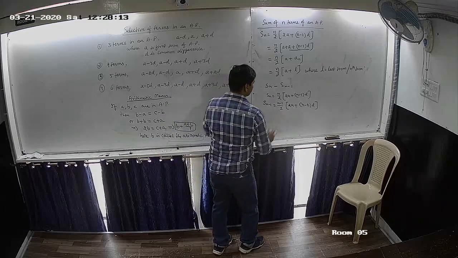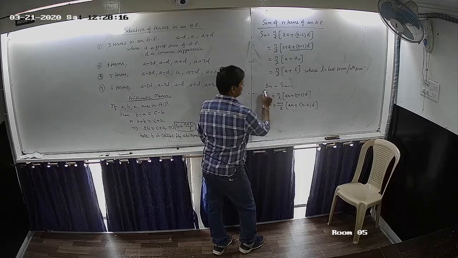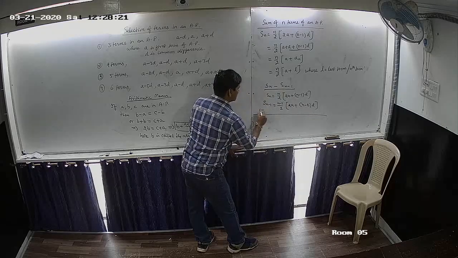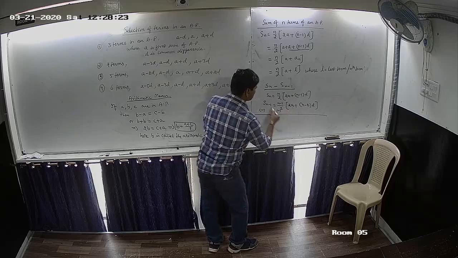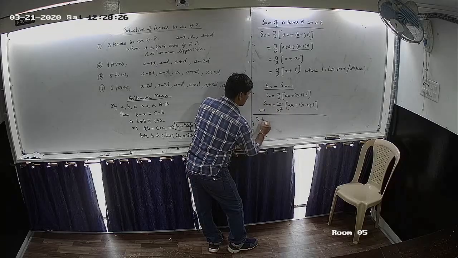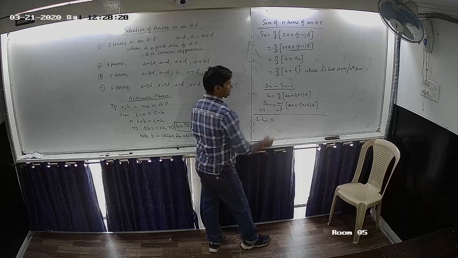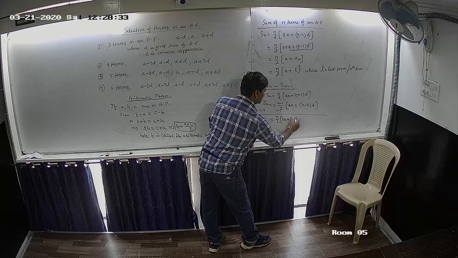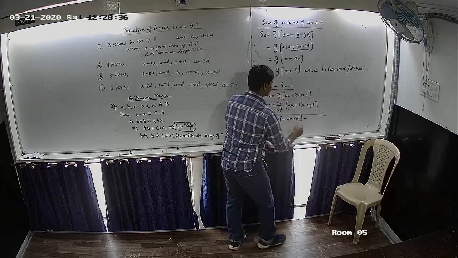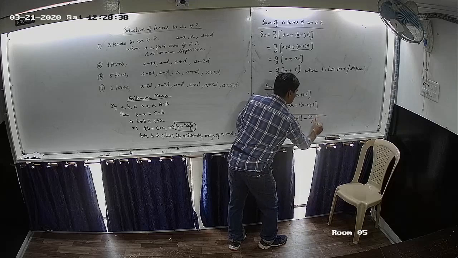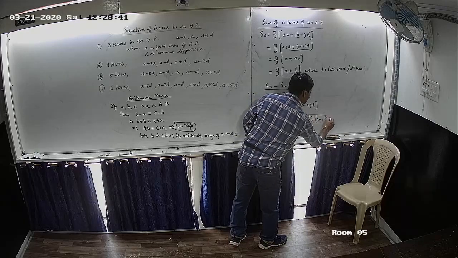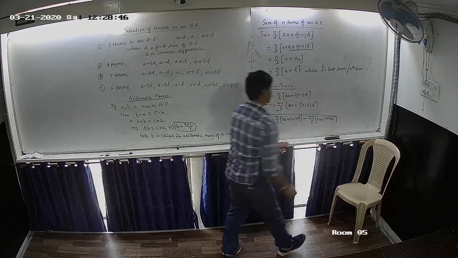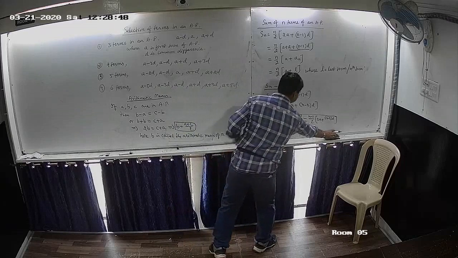Now let us find out the difference. We get Sn minus Sn minus 1 is equal to n by 2 into 2a plus n minus 1 into d minus n minus 1 by 2 into 2a plus n minus 2 into d.